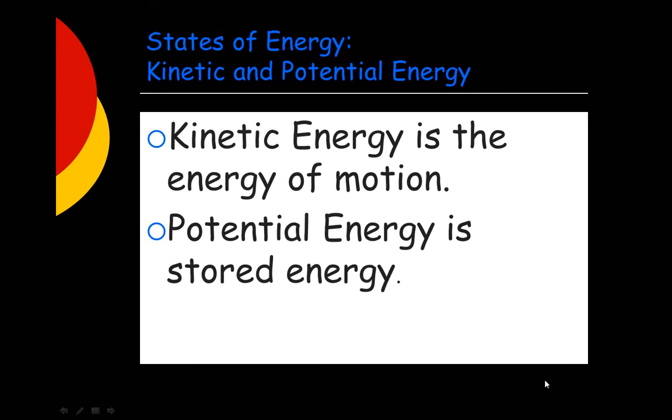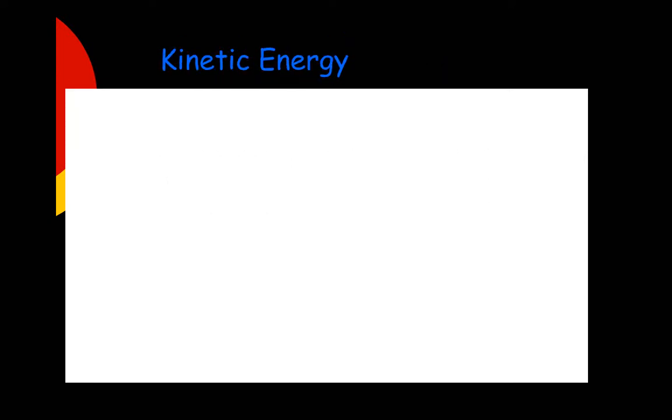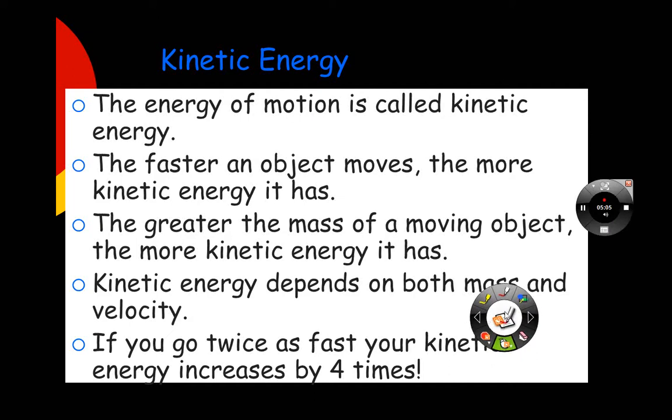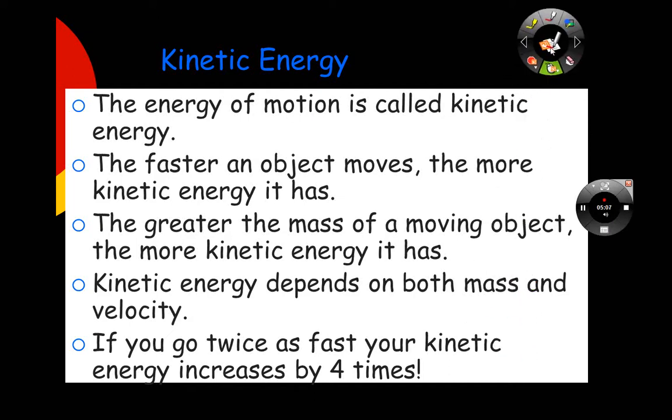Kinetic energy is the energy of motion, and potential energy is stored energy. The energy of motion is called kinetic energy. The faster an object moves, the more energy it has.